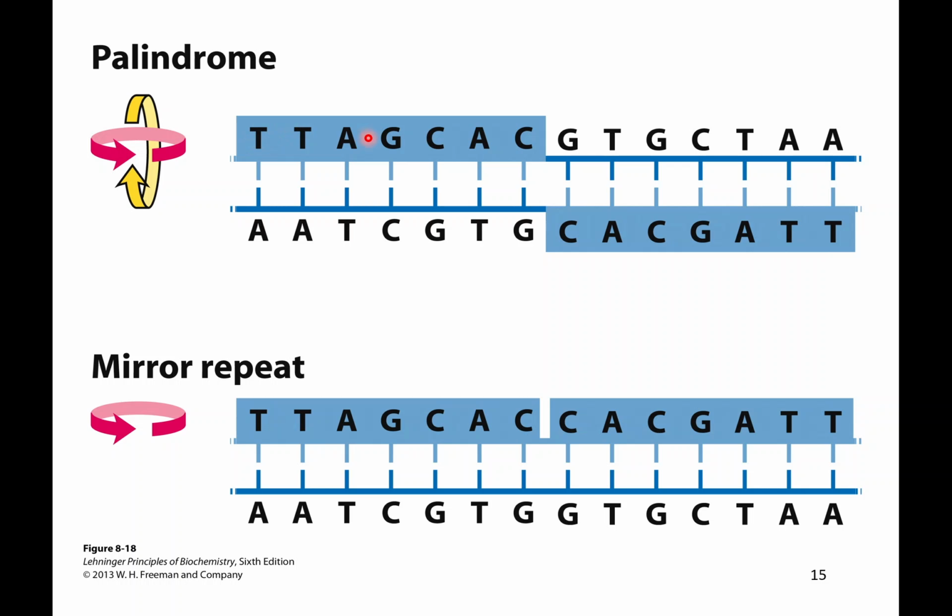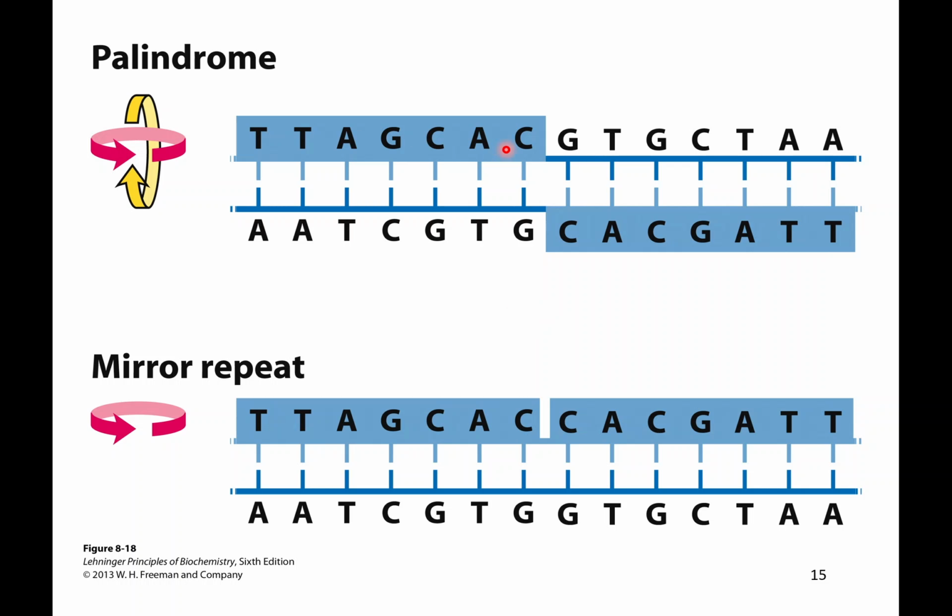So if you read this sequence, at least this part that's highlighted, TTAGCAC, right? And then if you read it the other direction on the other strand, that actually matches up with that. So what you can have there is, instead of base pairing normally this way, you can have some other funky base pairing between strands.